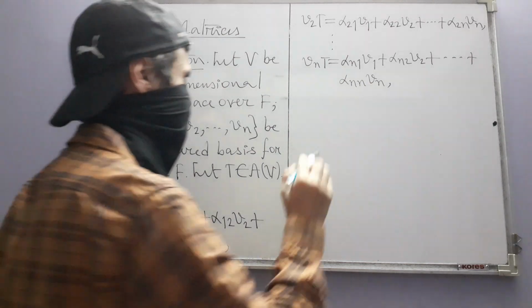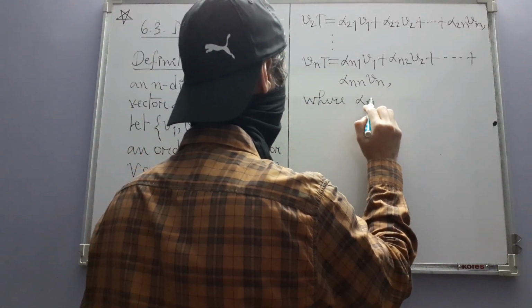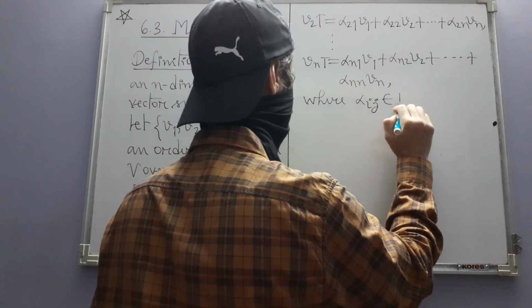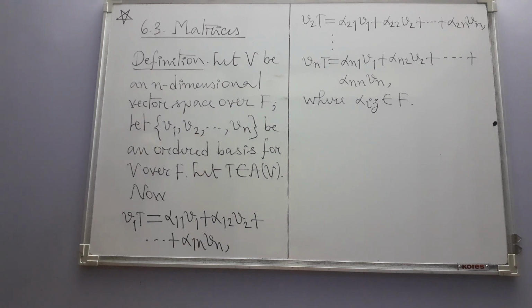Let us also just simply mention that each alpha ij, although it's understood, is coming from the field.